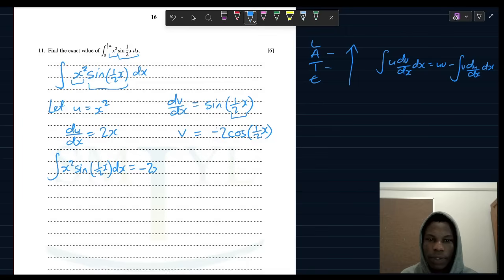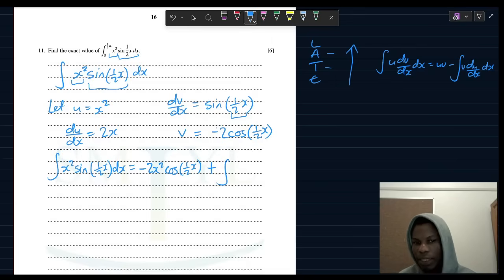That's negative 2x squared cosine of a half x. And then minus the integral of 2x times negative 2. So I'll just multiply that negative sign by this negative sign to get a positive sign. So we just end up with plus 4x cos of half x.